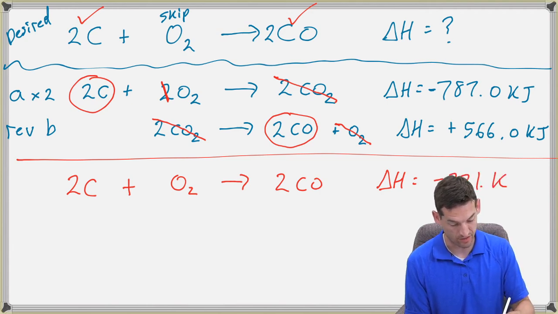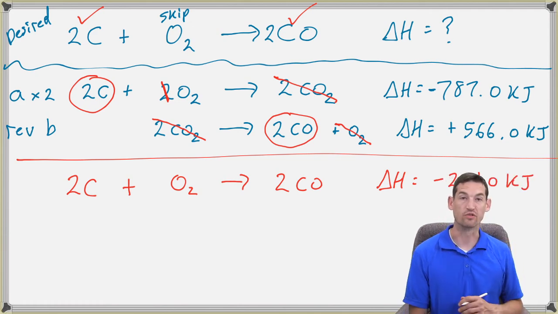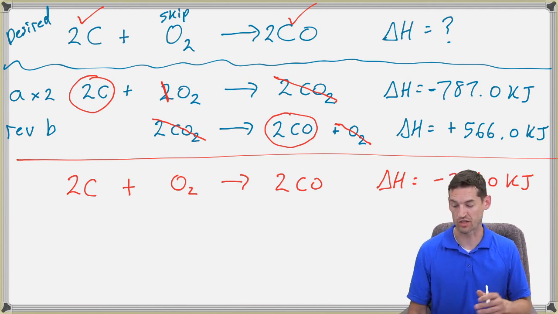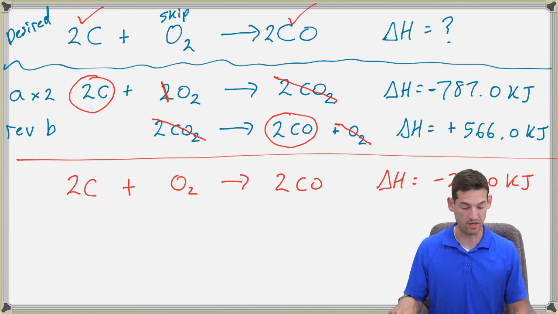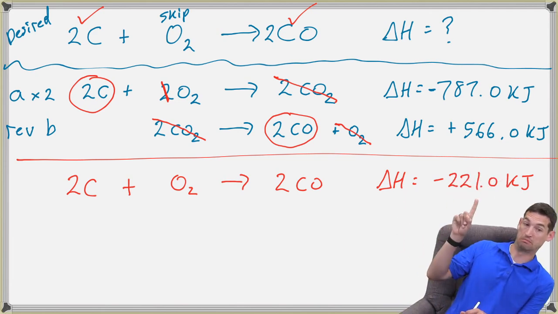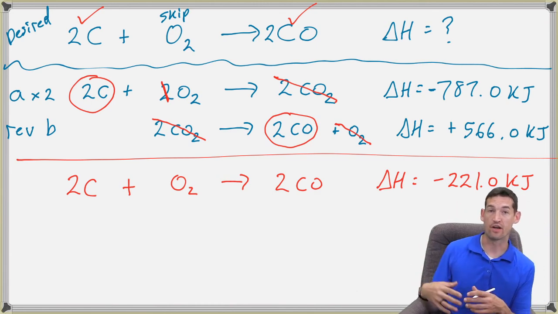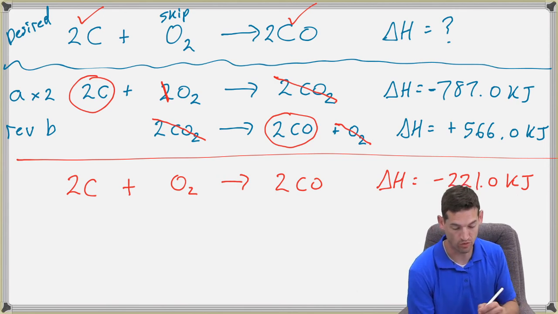Now be a little bit careful when you're reading the question. Look back. The question says, what is the molar enthalpy? This is not molar enthalpy right here. That's delta H. That's total enthalpy. If I want molar enthalpy, I've got to divide it by the number of moles.